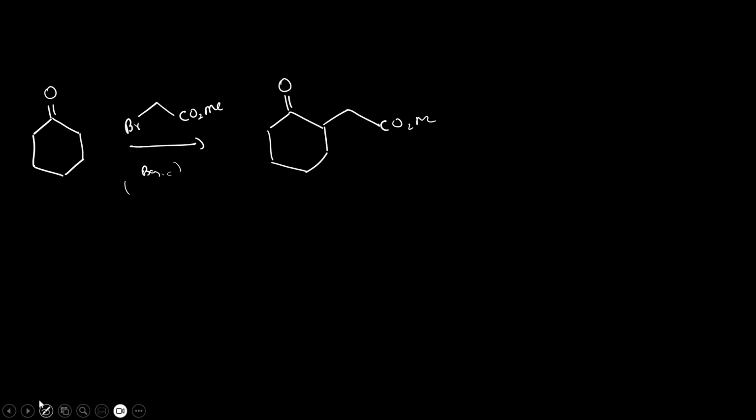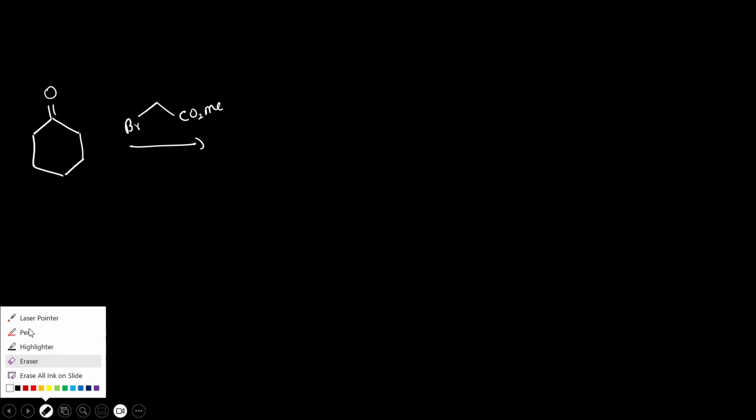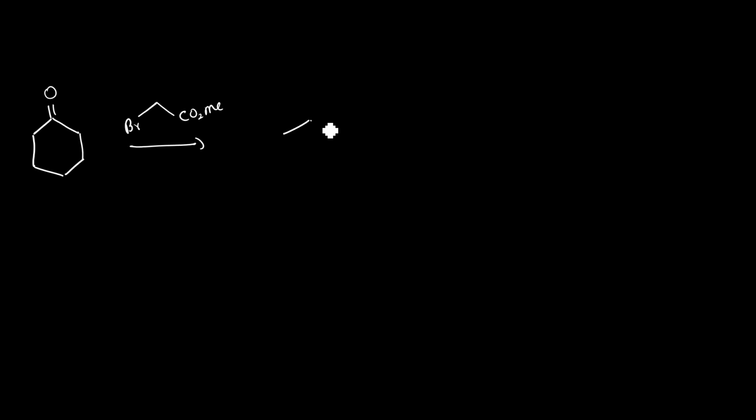If we do this reaction practically, the product would be like this. You will have a product like this. So this is the product you have, so it's not the same product.